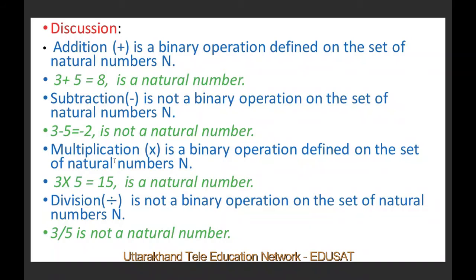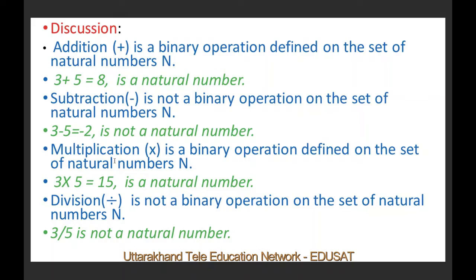So now we will discuss binary operation for the set of natural numbers. We know that sum of two natural numbers is always a natural number. So addition is a binary operation on the set of natural numbers.